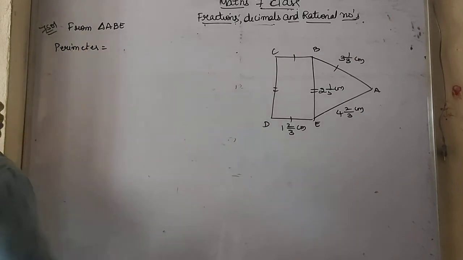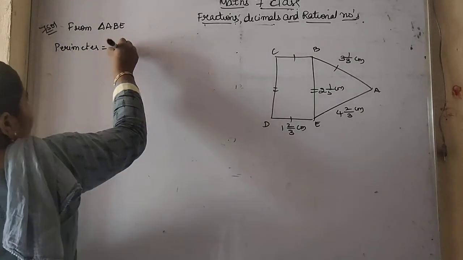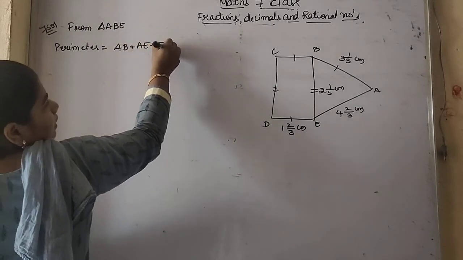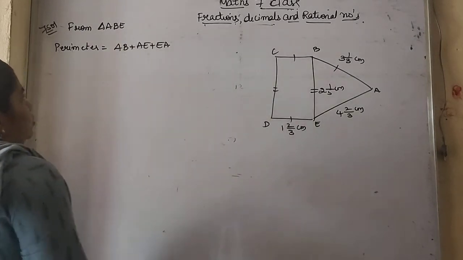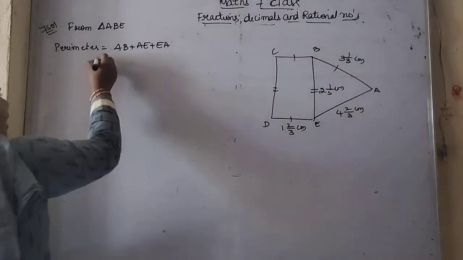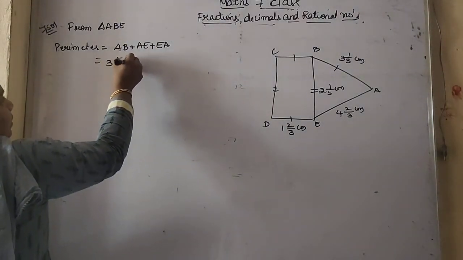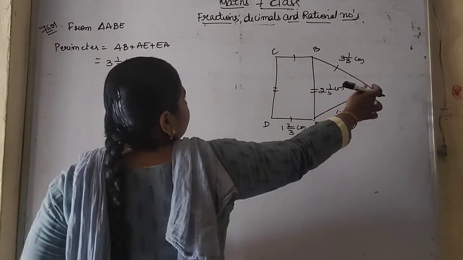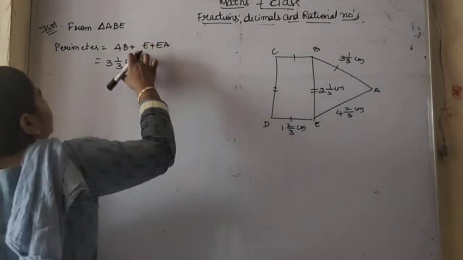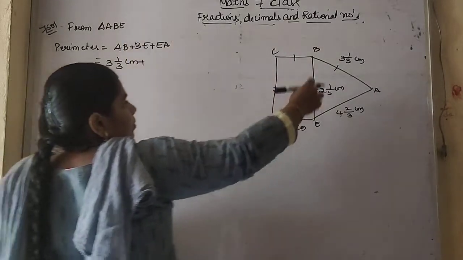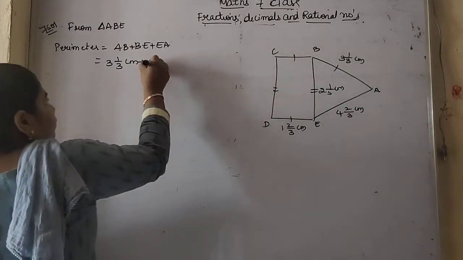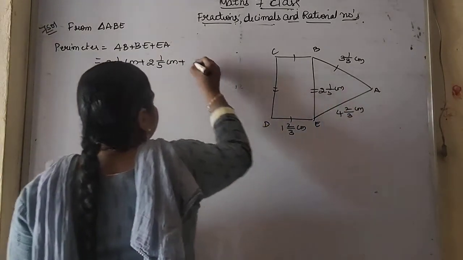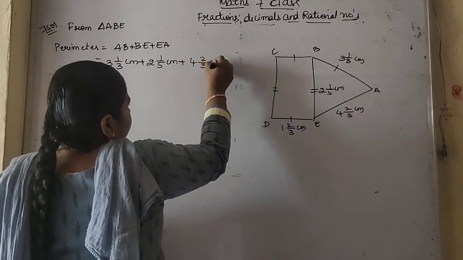Perimeter is equal to adding all the sides, that is AB plus BE plus EA. AB value is 3 1/3 centimeters, BE value is 2 1/5 plus EA value is 4 2/3 centimeters.